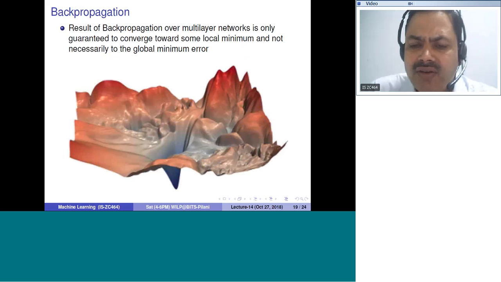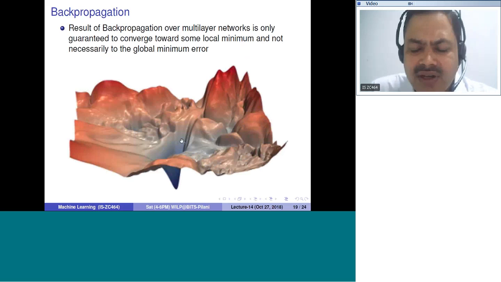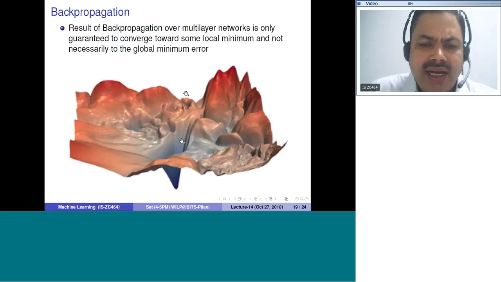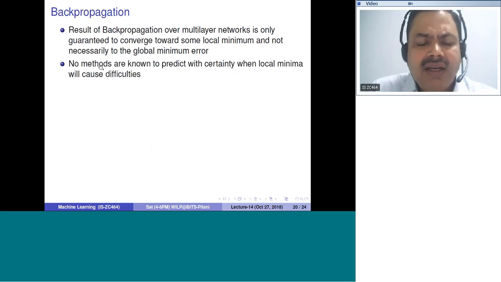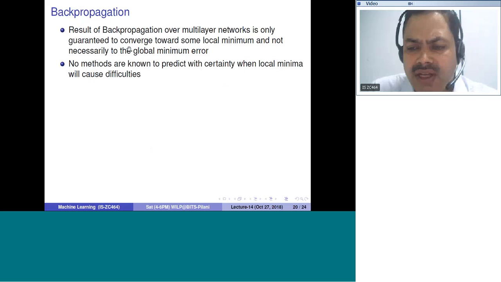Similarly, if you are here, crossing all the mountains and coming to this valley is very difficult. If you go down into here, that is not the global minimum, then coming out of this and coming here again becomes difficult. So this is the biggest problem with this kind of setting, that back propagation actually takes you into the local minima, and there is no way to come out of that.